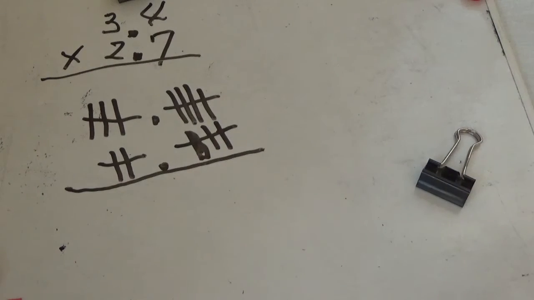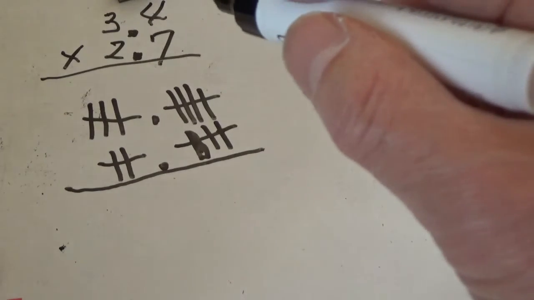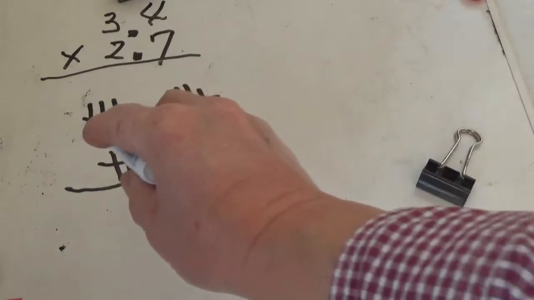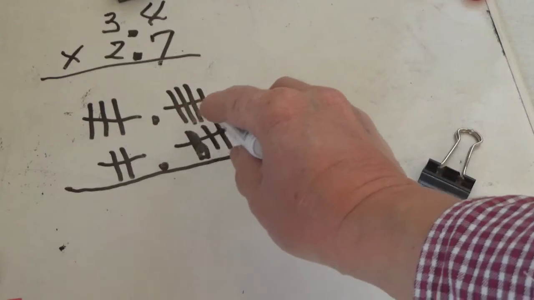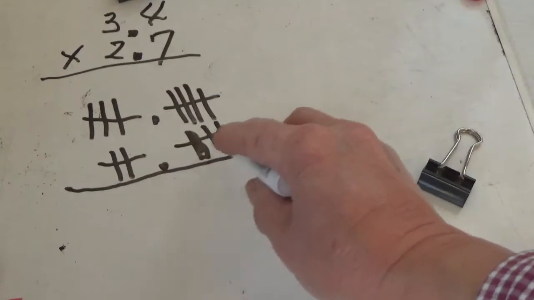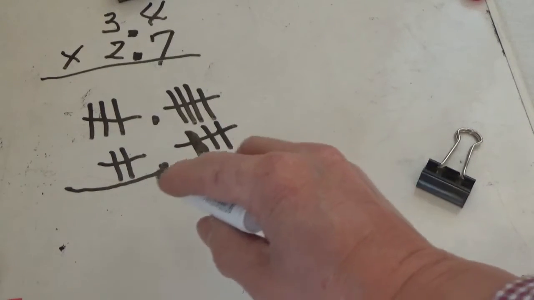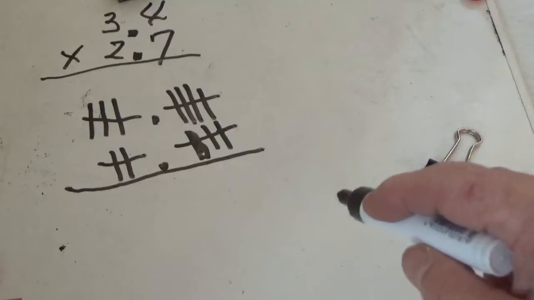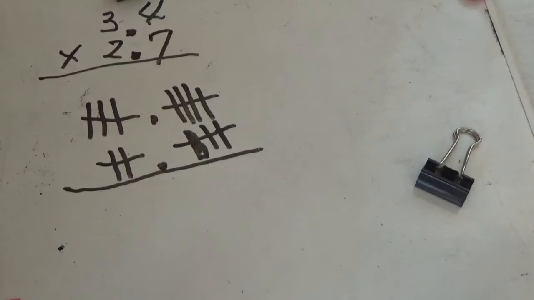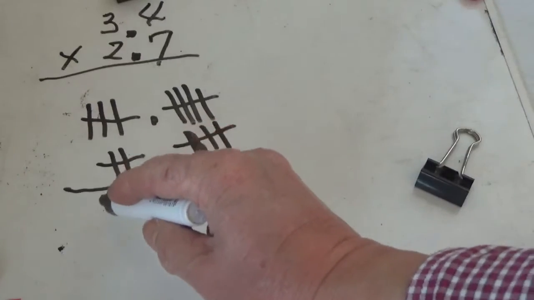Now let's multiply decimal fraction numbers. 3.4 multiplied by 2.7. This is 3.4, 4 tenths, and 2.7, 2 and 7 tenths. First I will multiply 3.4 by 2.